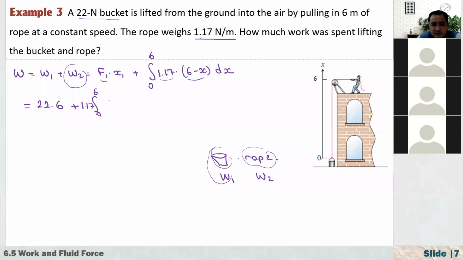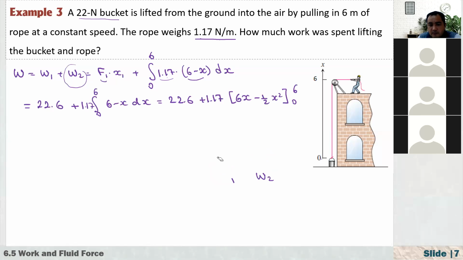Anyway, here we have the integral of 6 minus x dx, which is equal to 22 times 6 plus 1.17 times 6x minus 1 over 2 x squared from 0 to 6. Sorry, not 22.6, it's 22 times 6. We should not get confused.